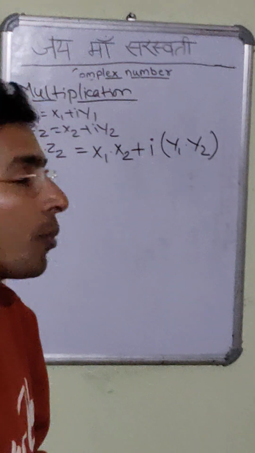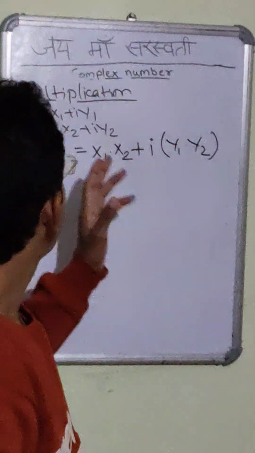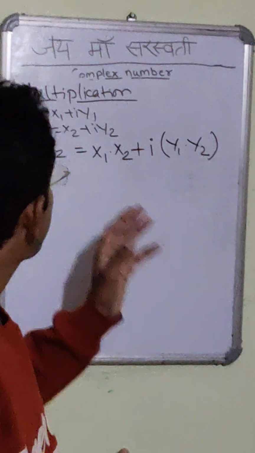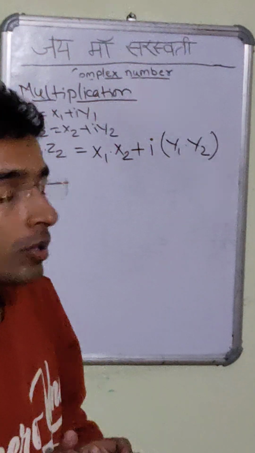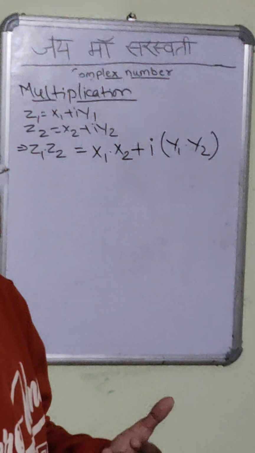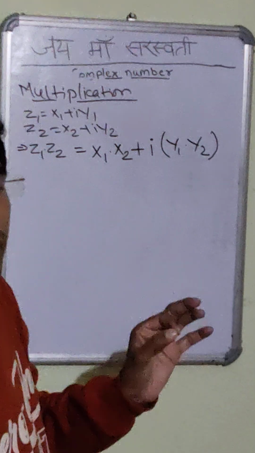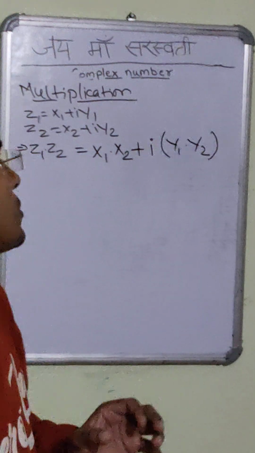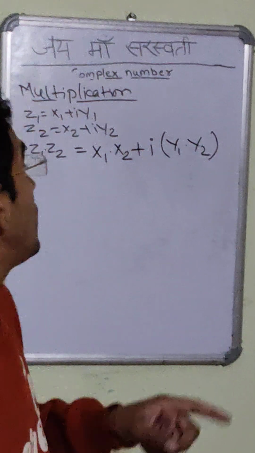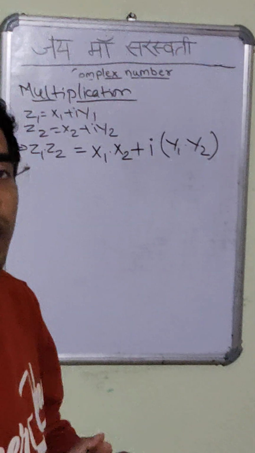So this is the basic operation. We had taken two complex numbers, Z1 is equal to x1 plus i y1 and Z2 is equal to x2 plus i y2. Whenever we are performing mathematical operations with complex numbers, we will see what all are its real parts. We will take both the real parts together, so x1 into x2, and we will separate the iota part.